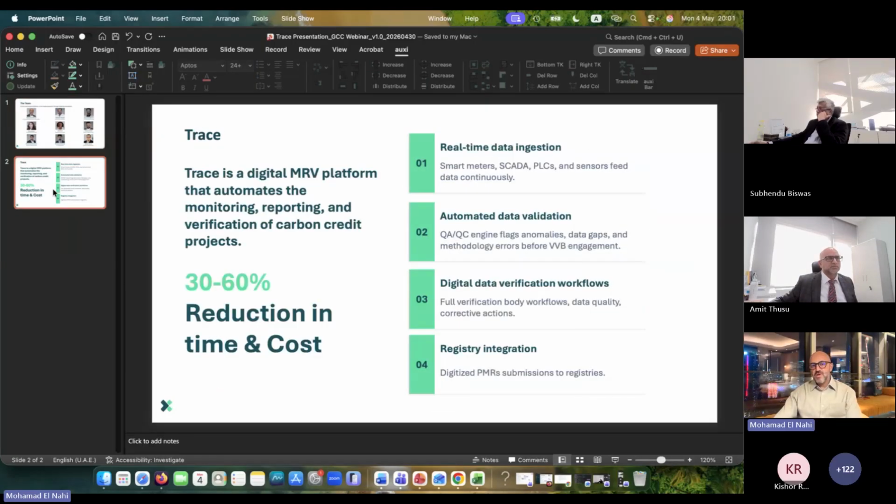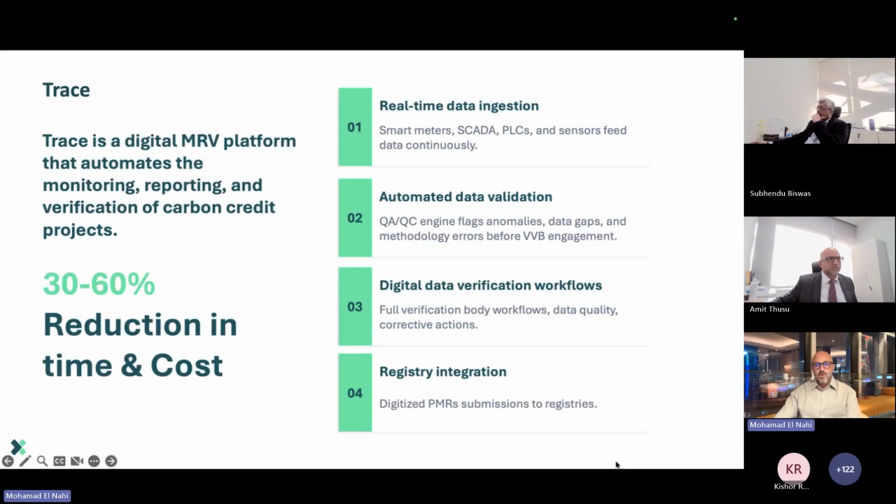As my colleagues have repeatedly highlighted, what we want to do is get things in real time, ingest data, automate data validation, digitize the verification workflows, make the lives of the VVBs easier, and integrate everything with the standard, with GCC, ultimately to enable a significant reduction in costs and a significant reduction in time.